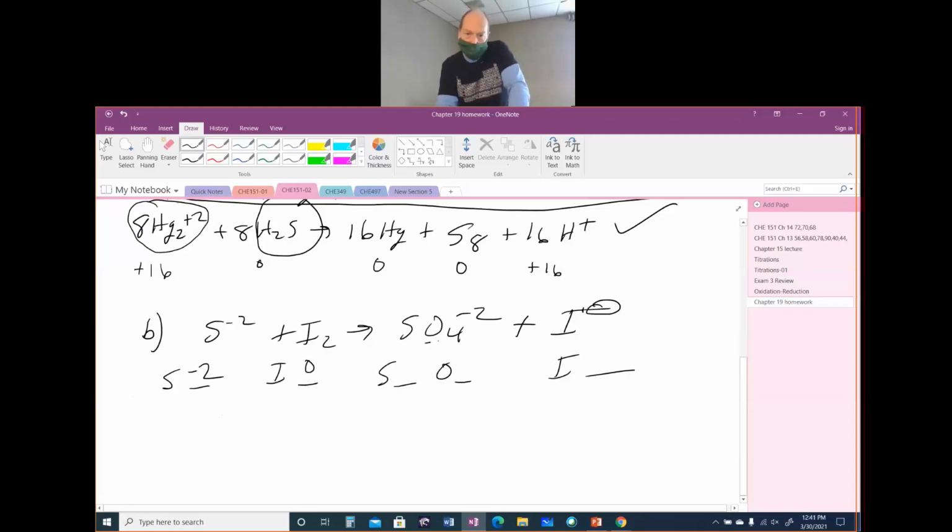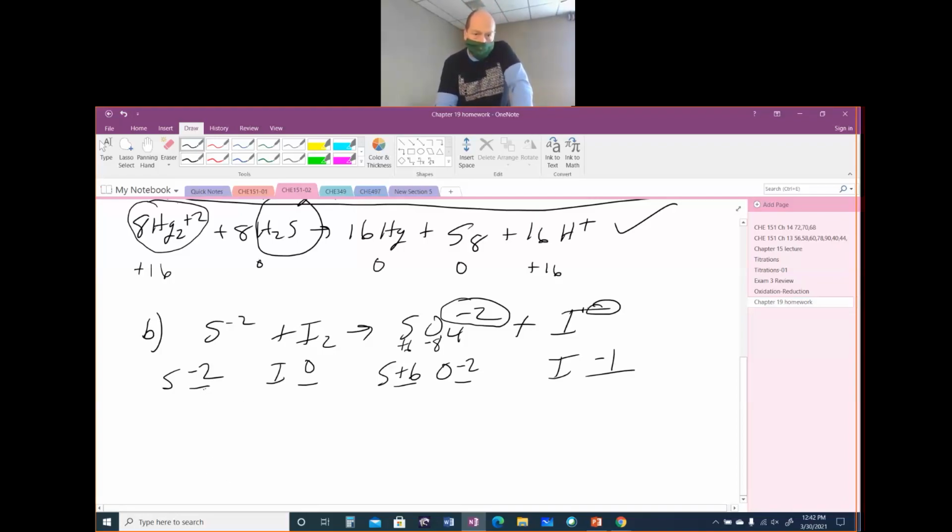So this is a minus 2 oxygen, and we have 4 of them. So that's minus 8. We have to have a plus 6 for our sulfur. We add that to the minus 8 to give the overall charge of minus 2. And your I minus, that is a monatomic ion.